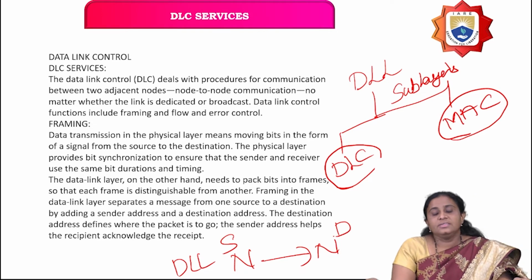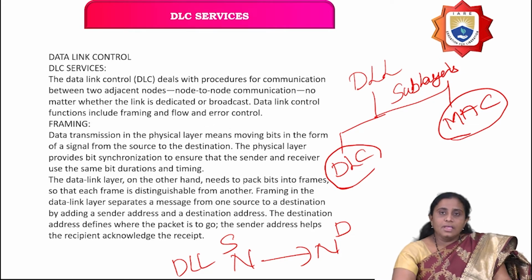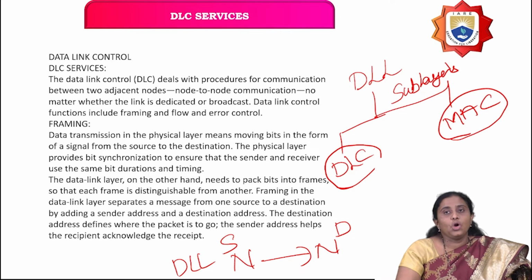The second point is that the mode of data transmission between the 2 adjacent nodes is full communication, no matter whether the link or physical path is dedicated or broadcast.